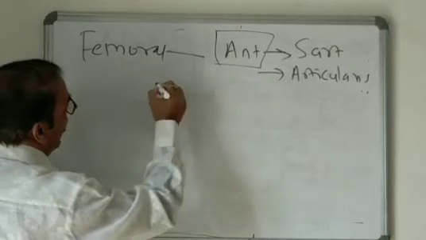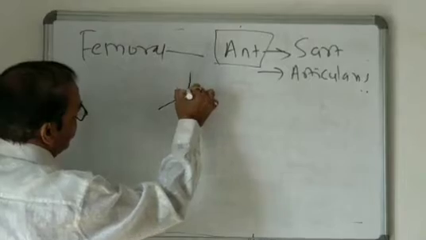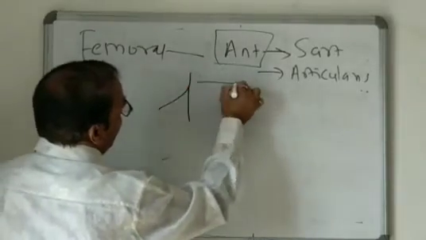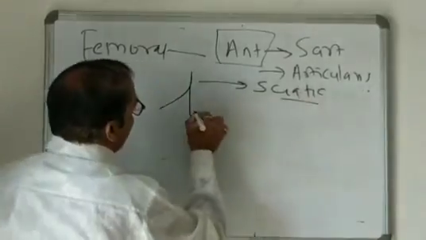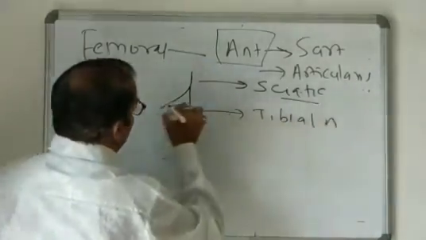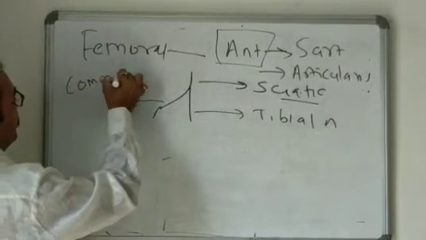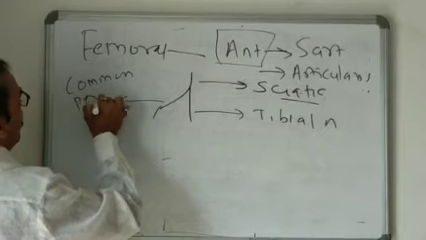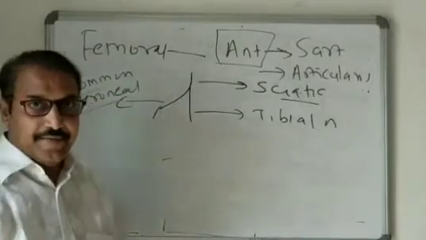It gives two terminal branches. See, this is the sciatic nerve. In the popliteal fossa, remember, it gives two branches: the tibial nerve and the common peroneal nerve.